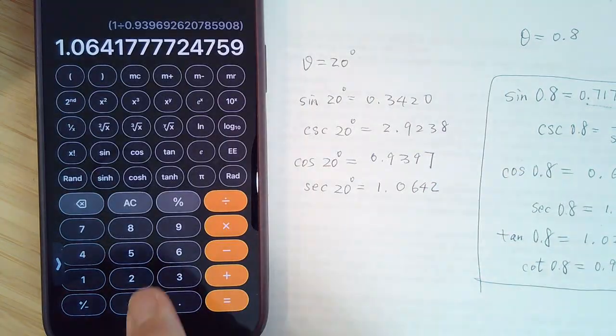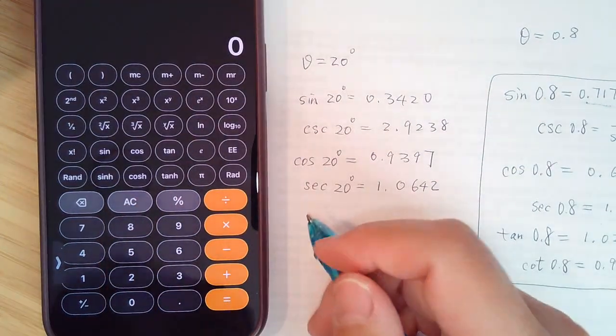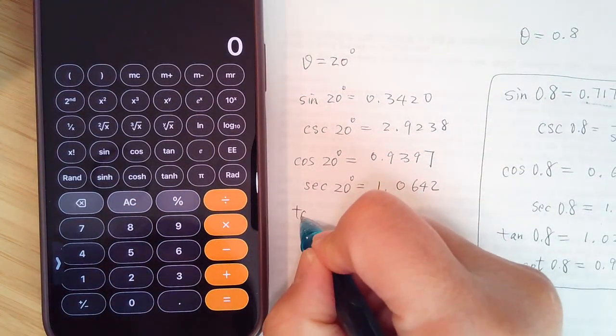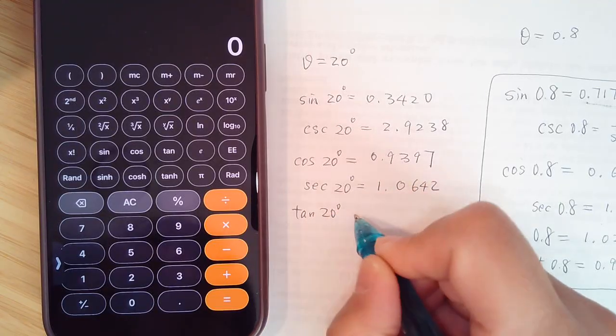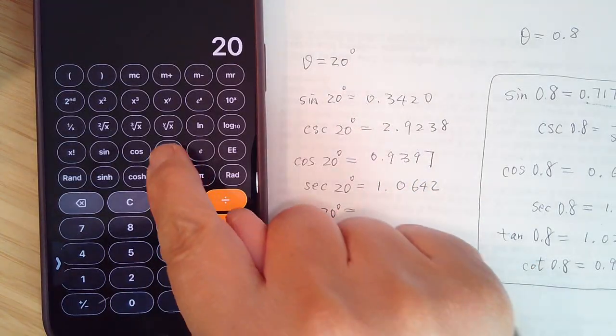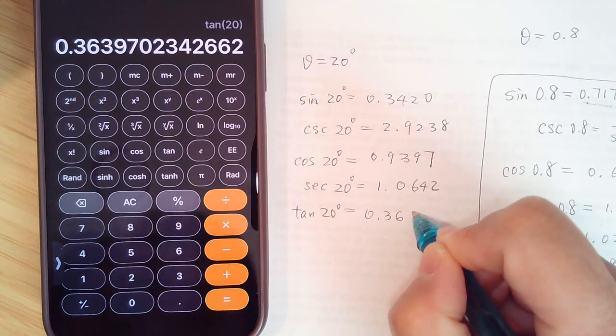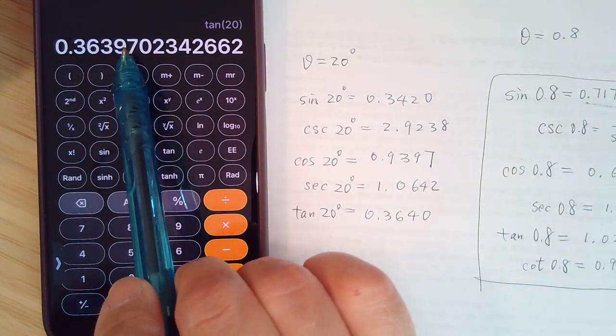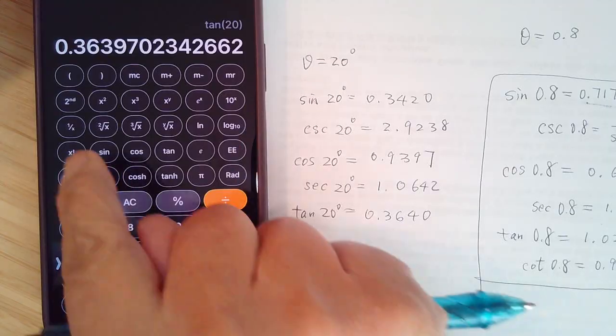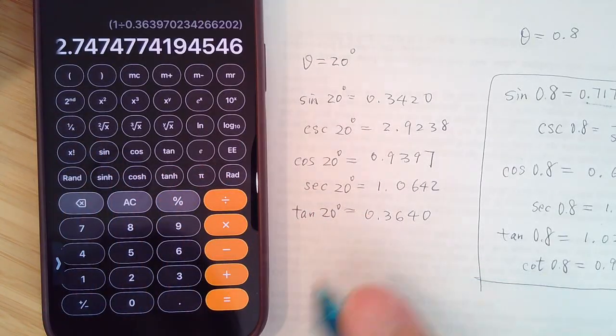So you get 1.0642. Okay, so just two more. Let me just finish that. So tangent 20 degrees: 20 tangent equal, 0.3640, because you round it up. And then you take the reciprocal of that, you get a cotangent.